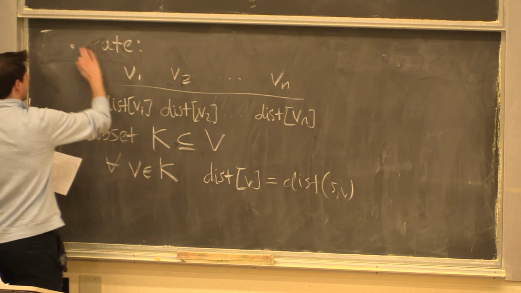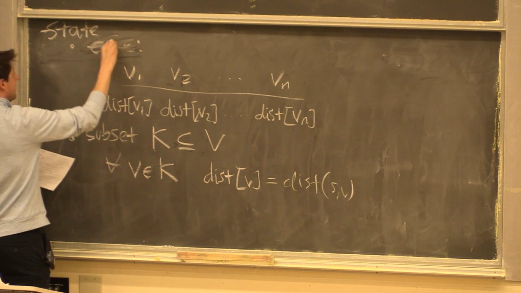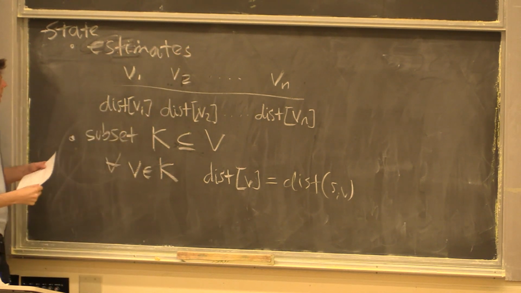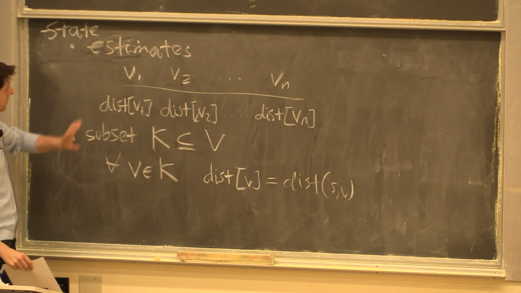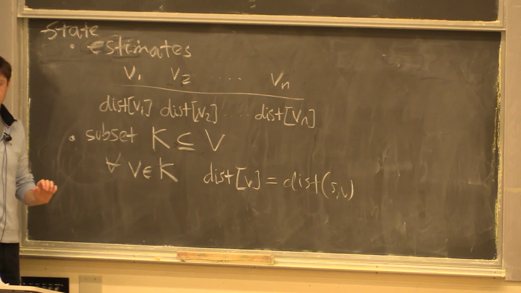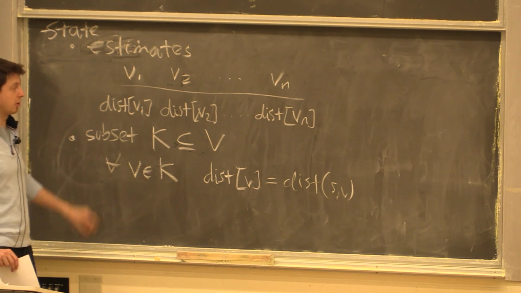Sorry, I meant to say state applies to both of these things. We have the estimates. Okay? So this is the state of the algorithm. At any moment in time, it has all these estimates, and it remembers these are the things that I know, okay? By design, I know they are already correct.